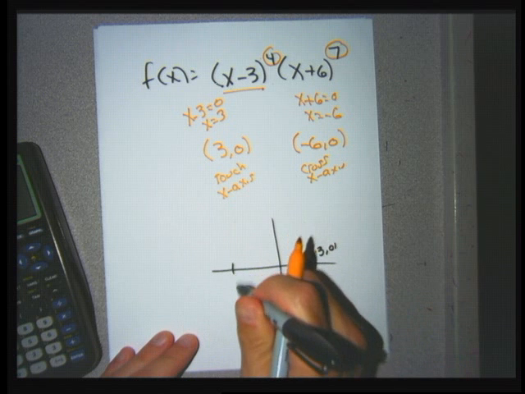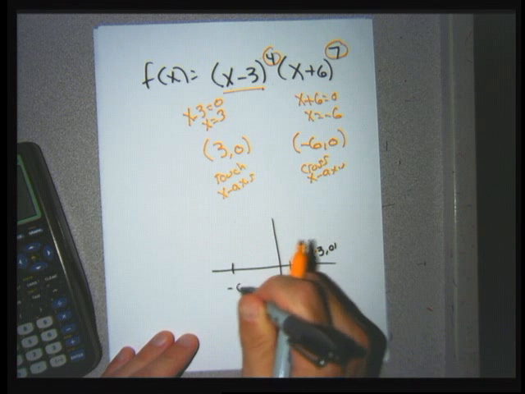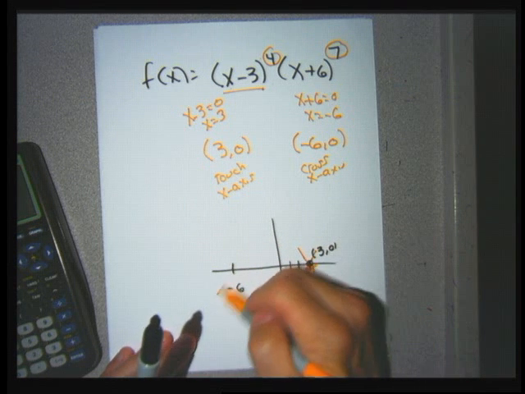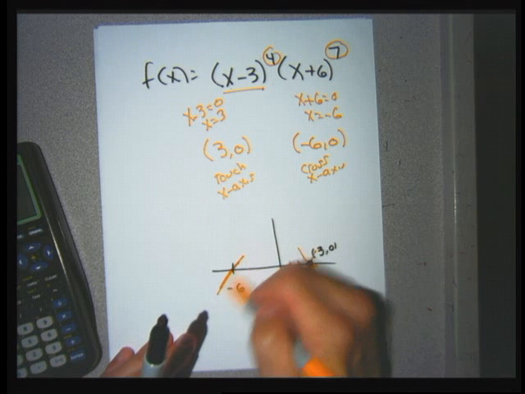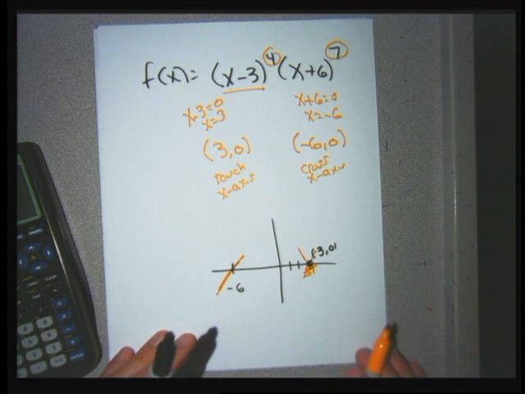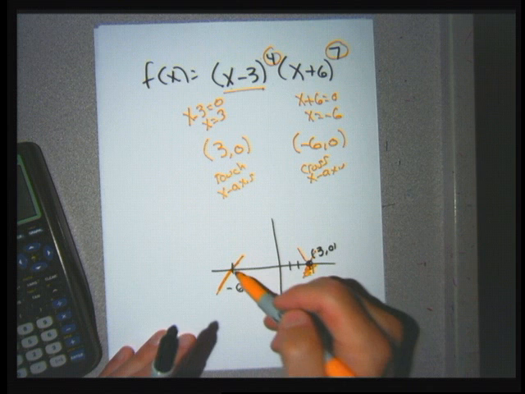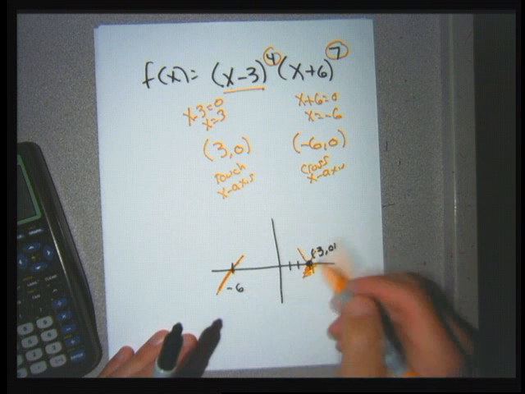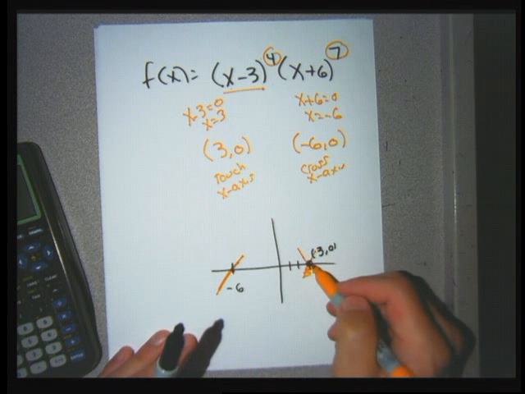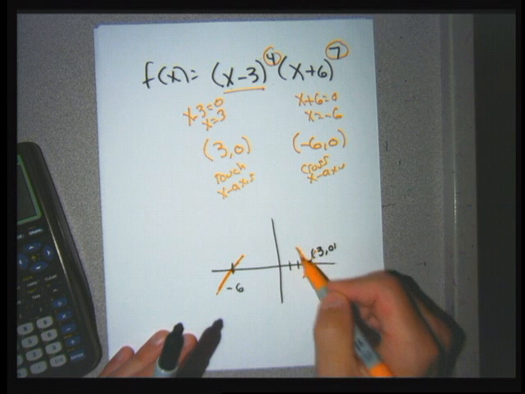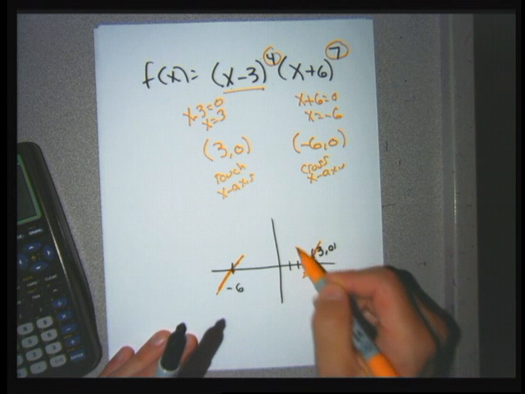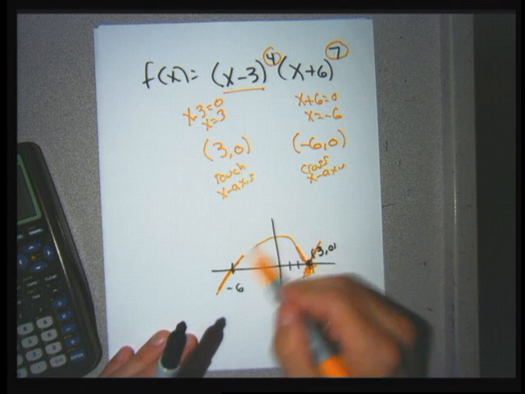And at negative 6, it's going to cross the x-axis. I guarantee you the graph is going to cross the x-axis at negative 6 and bounce off the x-axis at positive 3. And because I've graphed a lot, I think it'll probably do something like this. And maybe the whole function will look something like that.